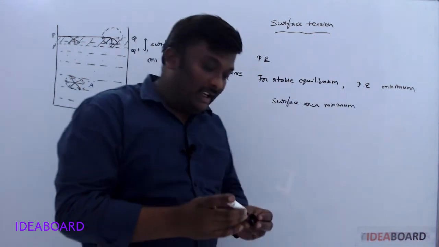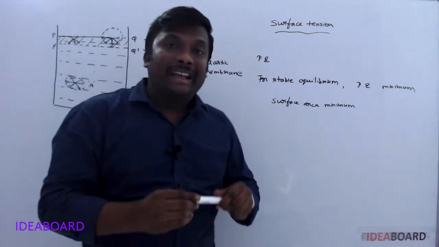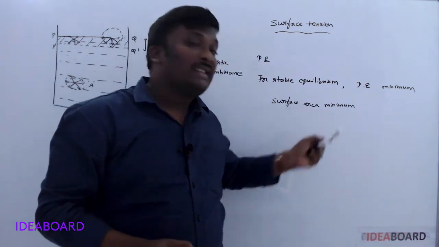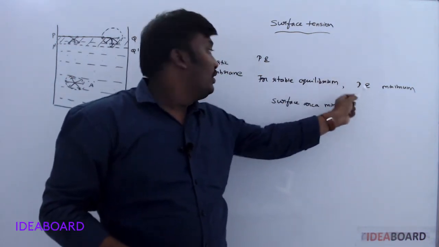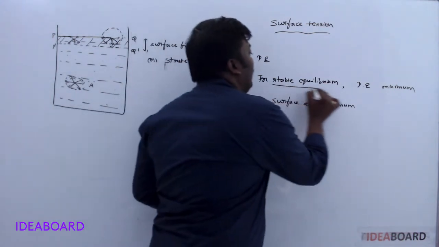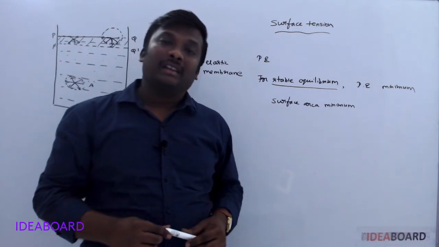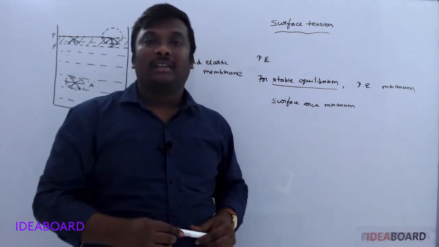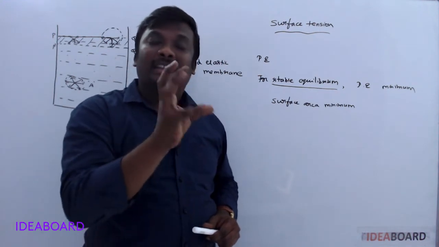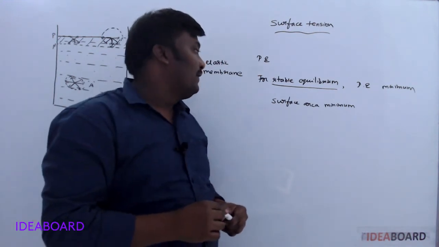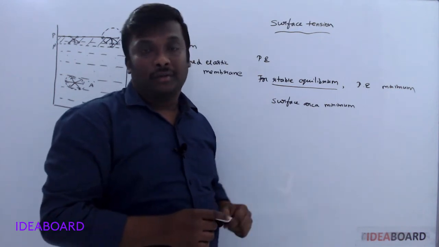So any surface of a liquid tries to get minimum surface area in order to maintain minimum potential energy and get stable equilibrium. That is the reason why raindrops are spherical, because a sphere has the minimum surface area in three-dimensional view.